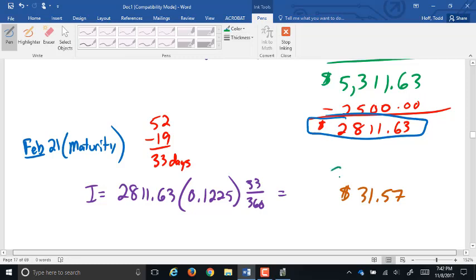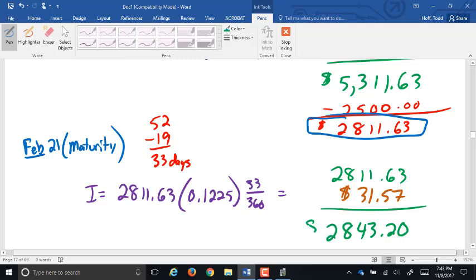We'll add that to the $2,811.63. Gives us, something's a little off there. There we go, $2,843.20. That is what is due on the 21st.